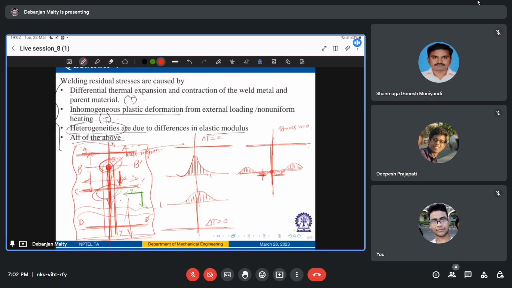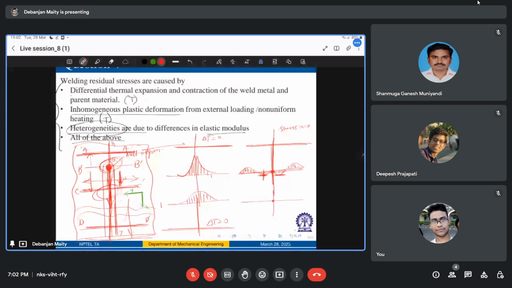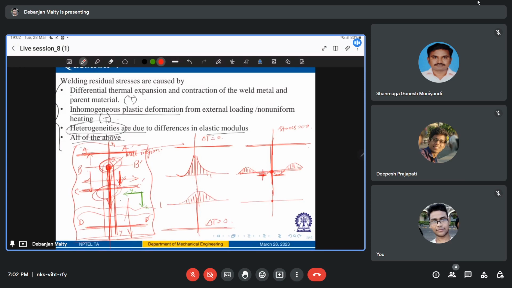And what will happen to section CC dash? Here the weld and heat affected zone have cooled considerably, right? And as they did so, they tried to shrink here in the center. If they're trying to shrink, what kind of stress will generate here?